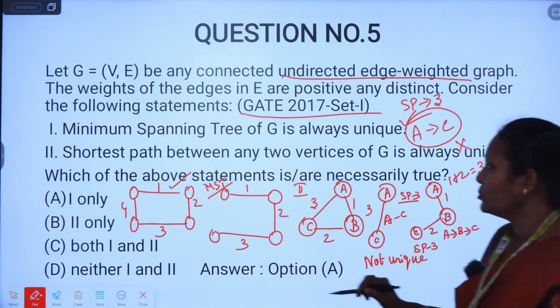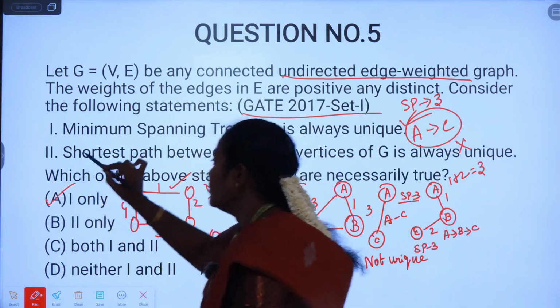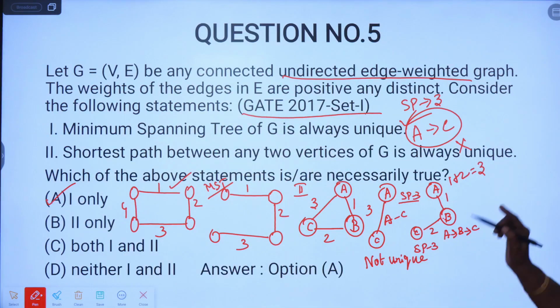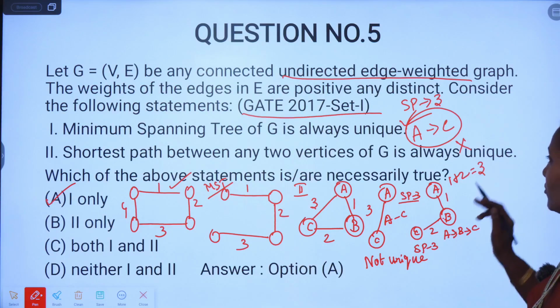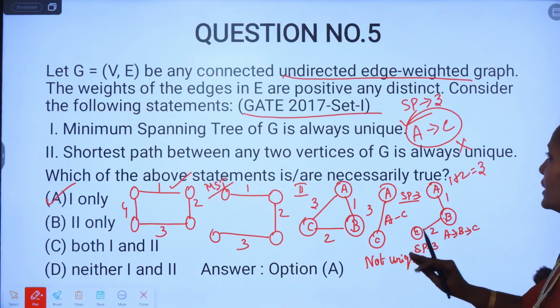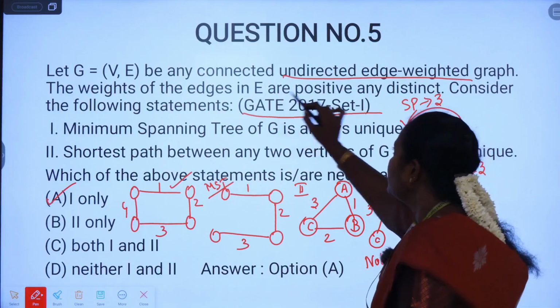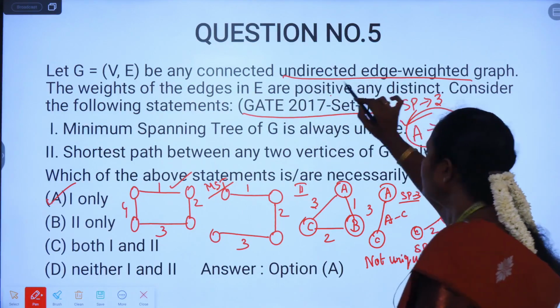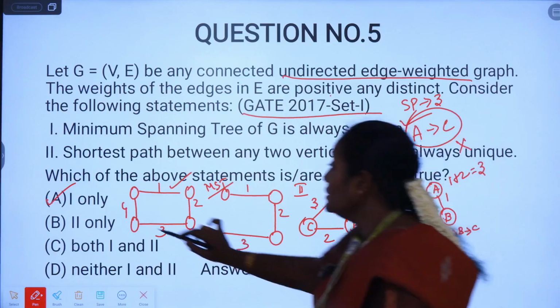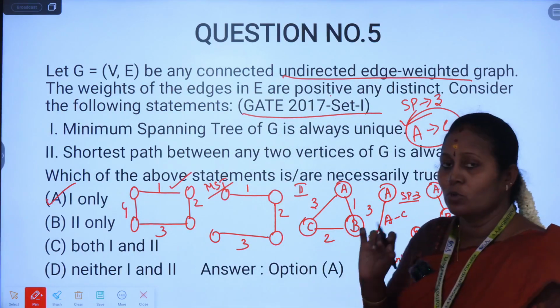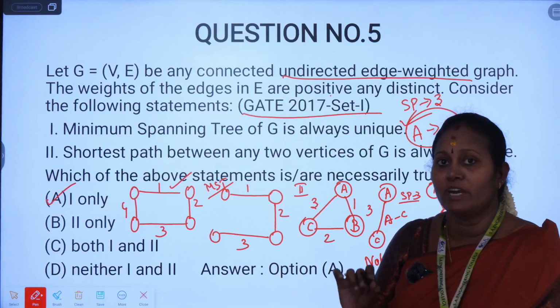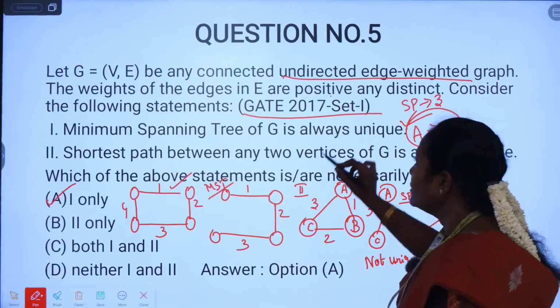So what is the correct option for this problem? This one. That is, minimum spanning tree of G is always unique, if you are considering the edge values positive and distinct. So first of all, you have to be very careful while reading the problem.